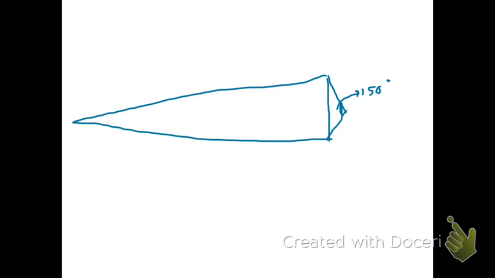We have a very small obtuse triangle, so this angle measure right here, I'm going to say is 150 degrees. But let's say it's sharing a side with this triangle, which clearly, by looking at it, has these two sides right here that are going to be bigger than this side right here.